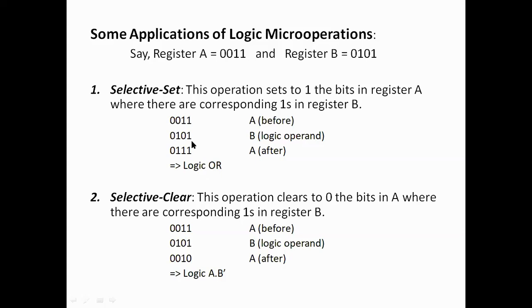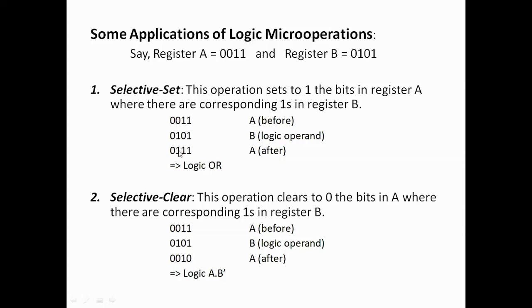Now, I have taken this example deliberately because if we see A and B, we have all 4 combinations. Here we have 0 0, 0 1, 1 0, and 1 1. So all 4 combinations of 2 bits are there. For 0 0, it is giving 0.